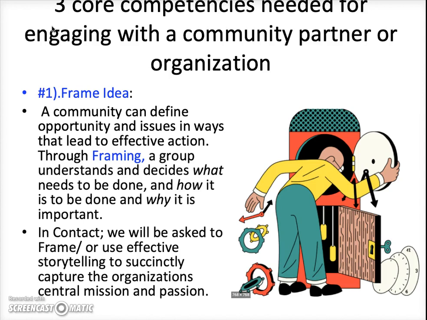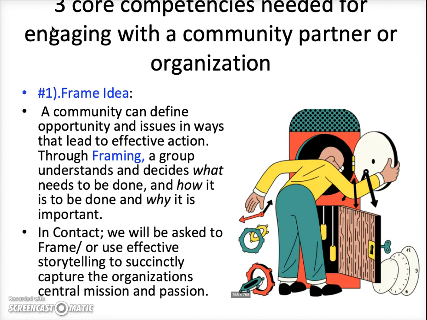You guys need to know the how, what, and why, okay? You don't just randomly choose a project or a community partner. You should ask yourself what needs to be done, how, and why. Why is it even important? And why it's important should be more than just your interest. It should be greater than that.